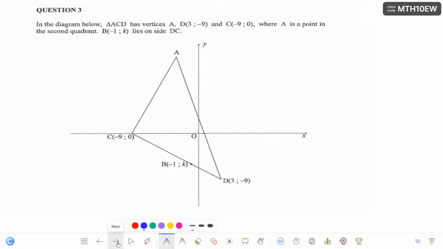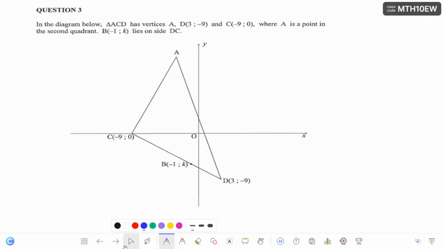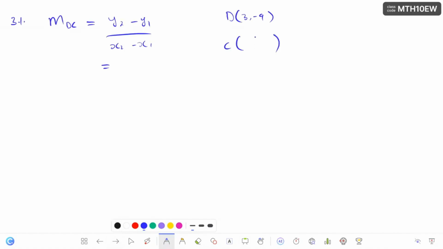Our coordinates: D is 3 and -9, while C is -9 and 0. So if you let this one be x1 and this x2, this one has to be y1 and this has to be y2.